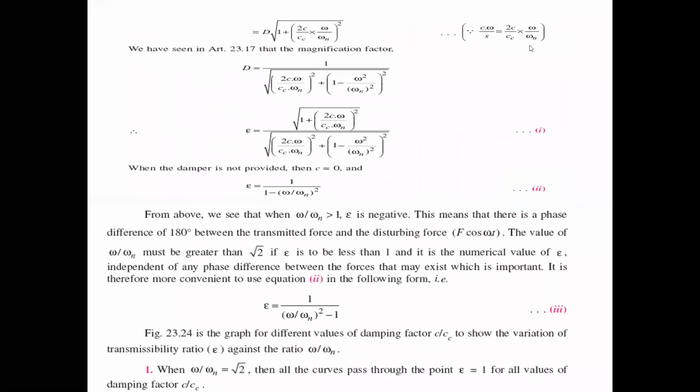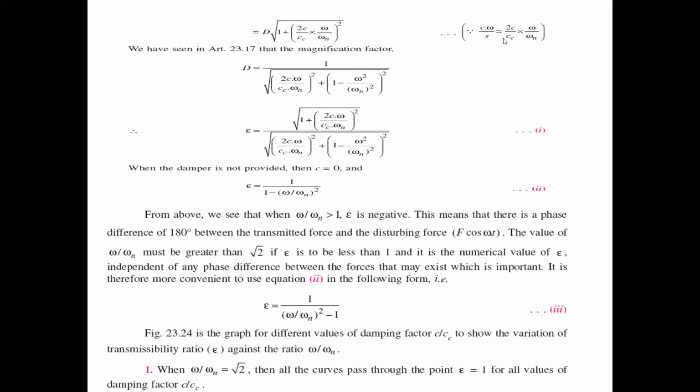c omega by s is written as 2c by cc into omega by omega n. That may also be substituted in our equation. So how do we get the particular value?